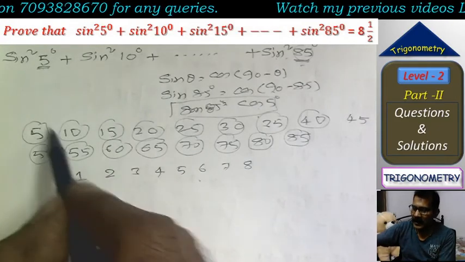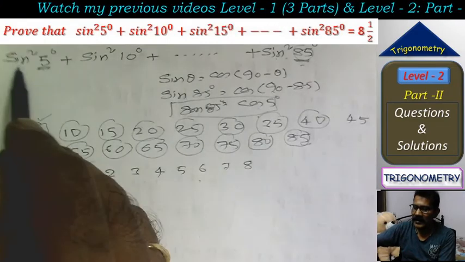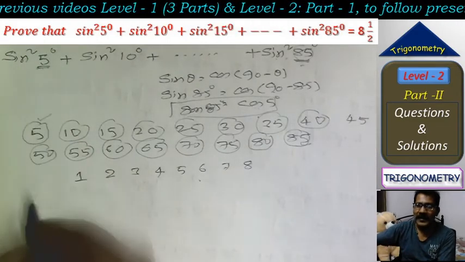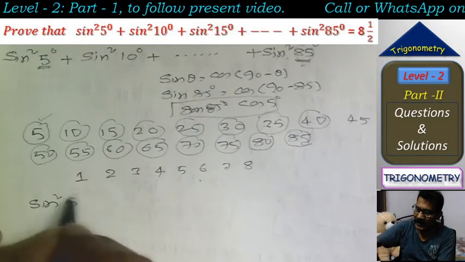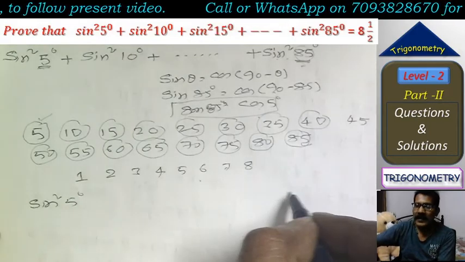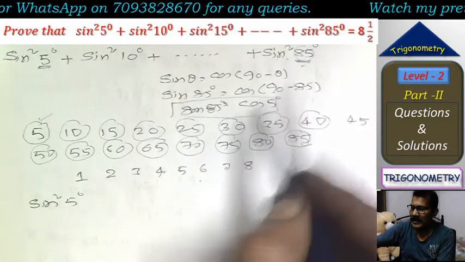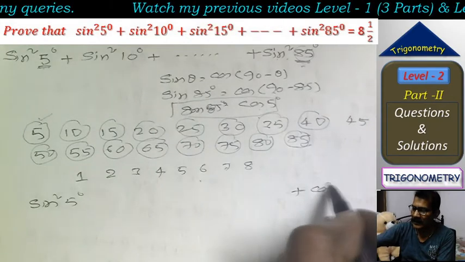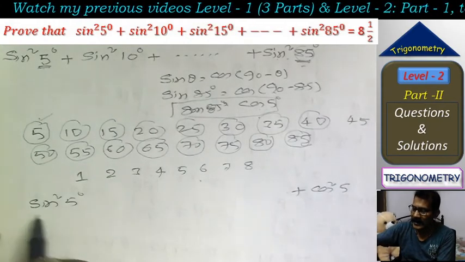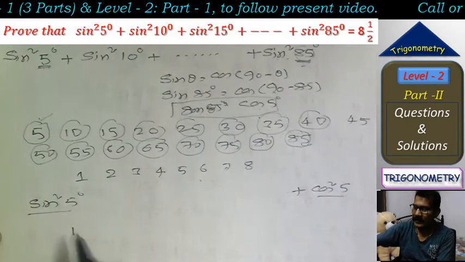For the first pair, when we take 5 and 85, let me write the first pair here. That is sine square 5 degrees, and for the last one, since sine 85 you can write as cos 5, sine square 85 will become cos square 5. This is like sine square theta plus cos square theta, which gives 1, right?